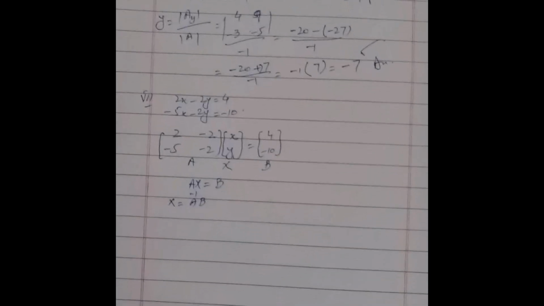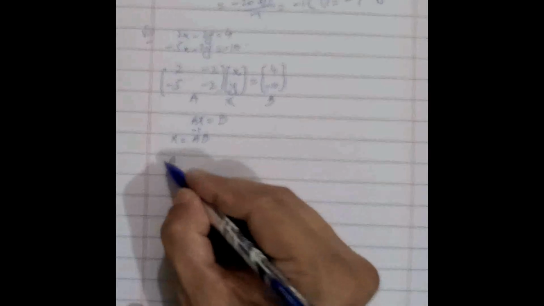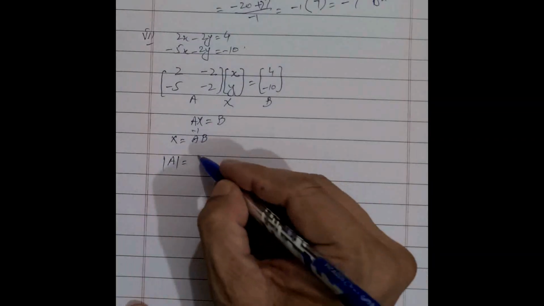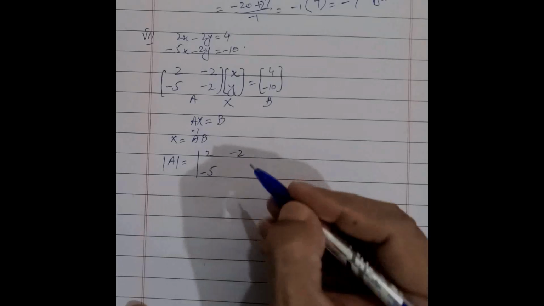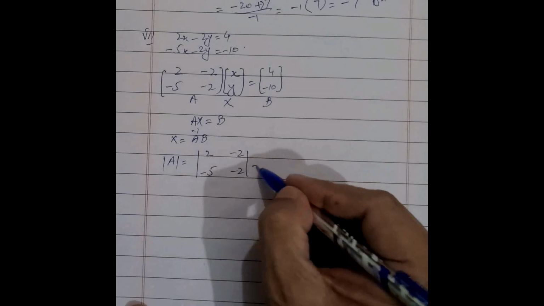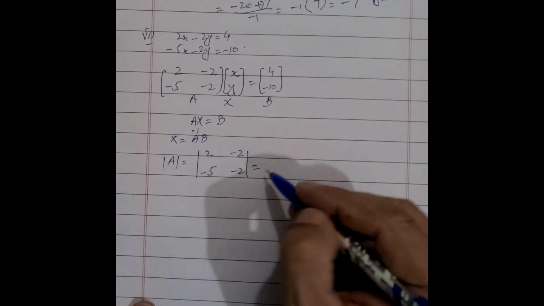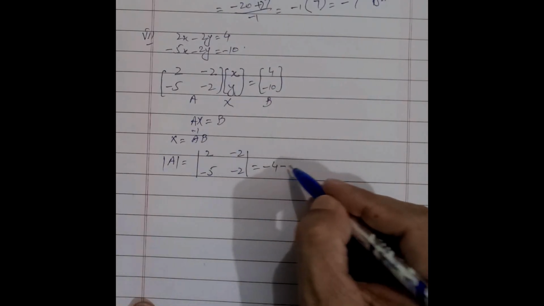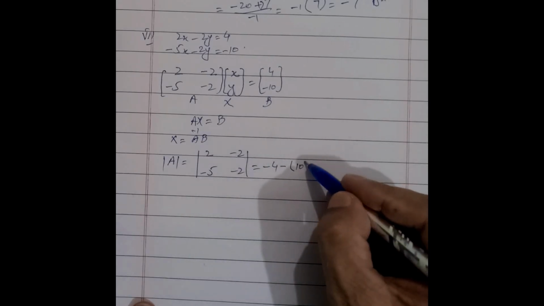Before finding A inverse, we first find the A determinant, which is necessary. The A determinant is equal to 2, -2, -5, -2. Simplifying these values, we get 2 multiplied by -2 is equal to -4, minus -5 multiplied by -2, which is 10.